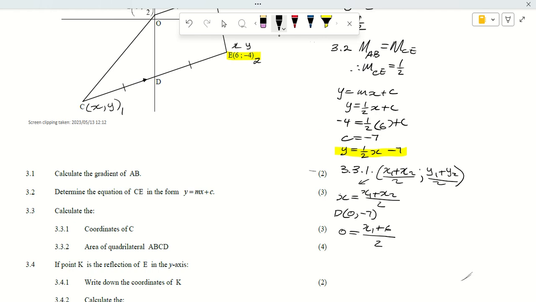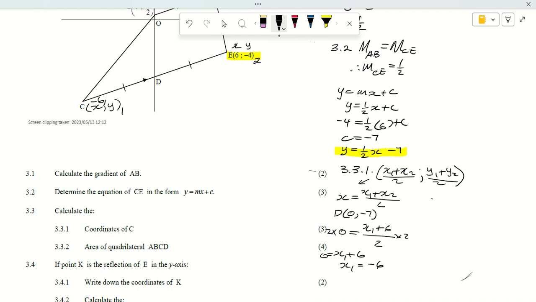And if I multiply by 2 both sides, I'm left with 0 is equal to x1 plus 6. Then now x1 is equal to negative 6. So we have negative 6 here.